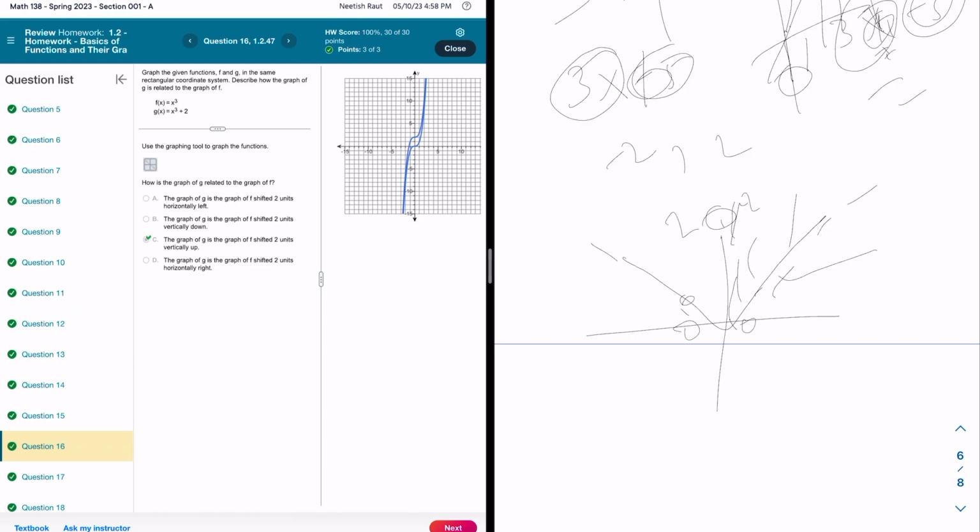Now we have x cubed. Do the same thing, plug in different x values, and cube them. You will get different y values, plot them, and you will get a graph like this, and g(x) is plus 2, so it will shift 2 units upward. So it will look like this. That's the relation. So C is the answer.